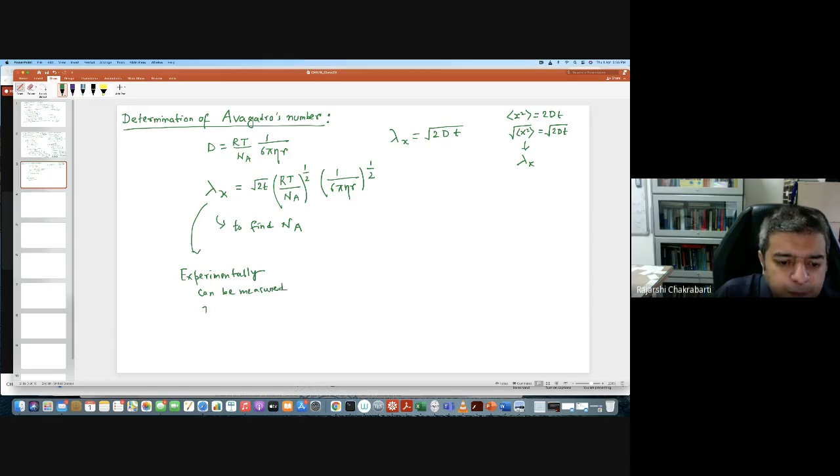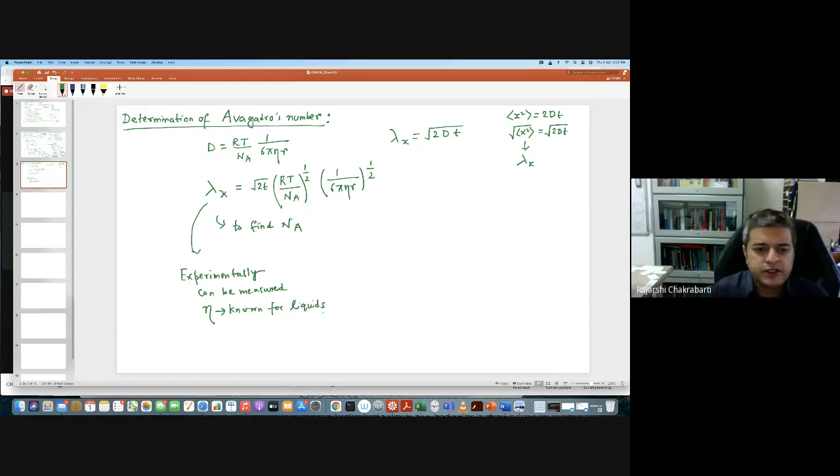And you also know the viscosity, known for a range of liquids. So if you put this in, then you can find out Avogadro's number. Okay? I hope this is clear. Not very difficult so far.